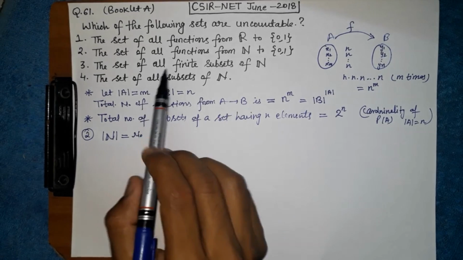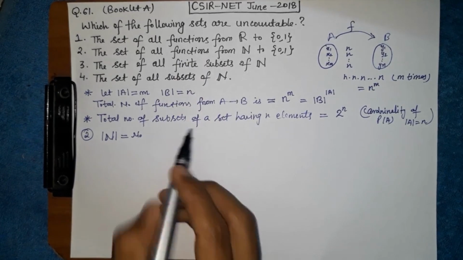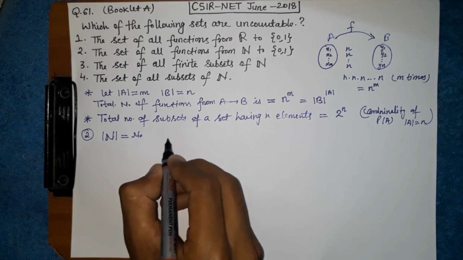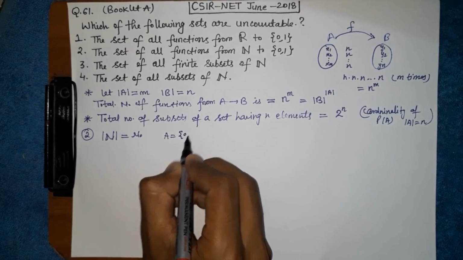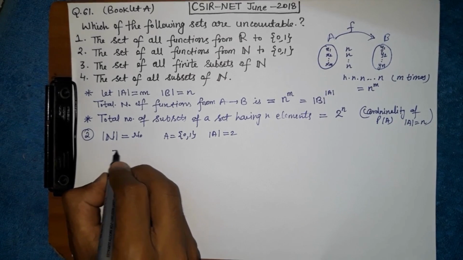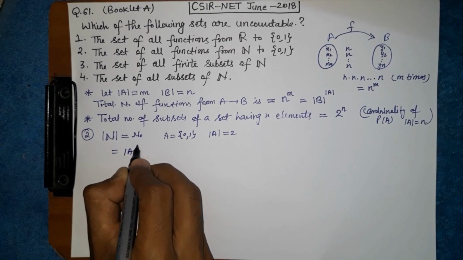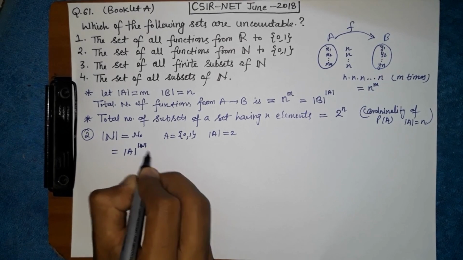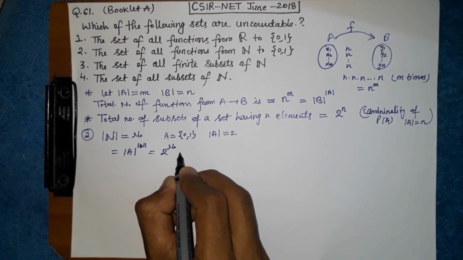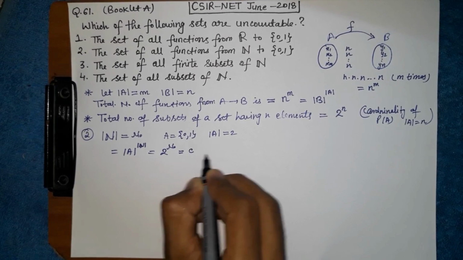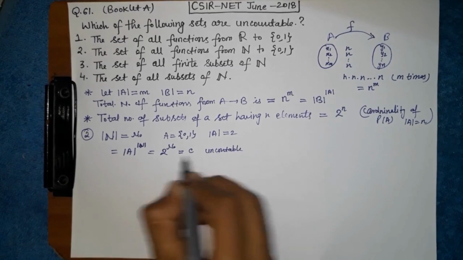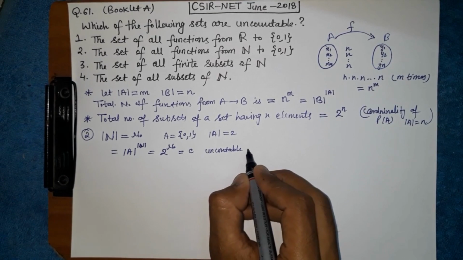So the total number of functions from N to {0, 1} by this formula will be equal to, suppose A is equal to {0, 1}, so cardinality of A is equal to 2. So cardinality of A to the power cardinality of N, which is equal to 2 to the power aleph naught, and 2 to the power aleph naught is equal to c, which is uncountable.